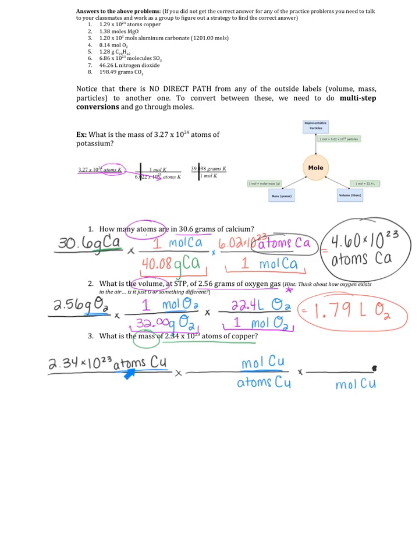Now, once again, we went from atoms to moles, then to grams. So we're going to put grams of copper on the top. Now we need to go through and double check our conversion factors.